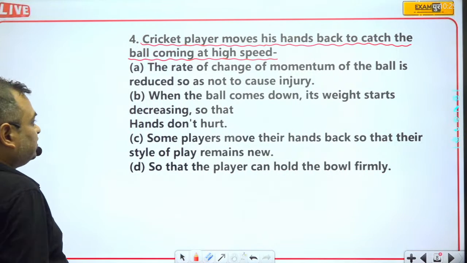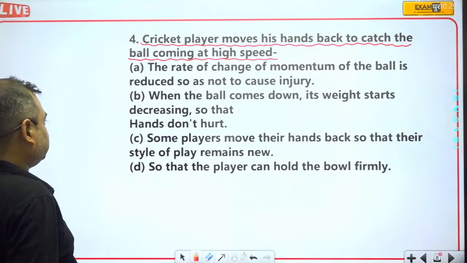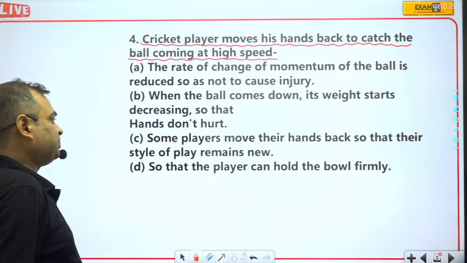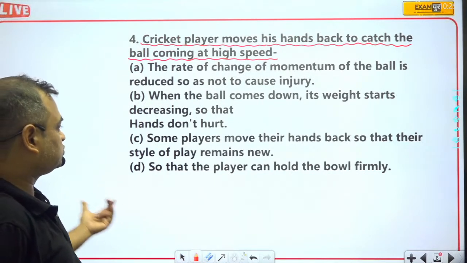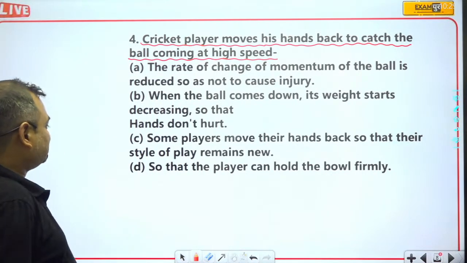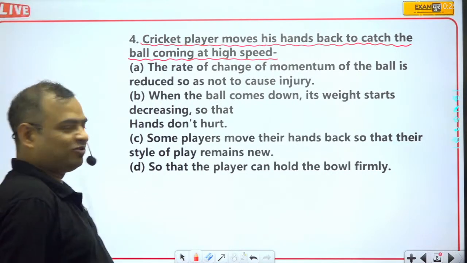When the ball comes down, its weight starts decreasing so that hands don't hurt. Some players move their hands back so that their style of play remains new. So that the player can hold the ball firmly.